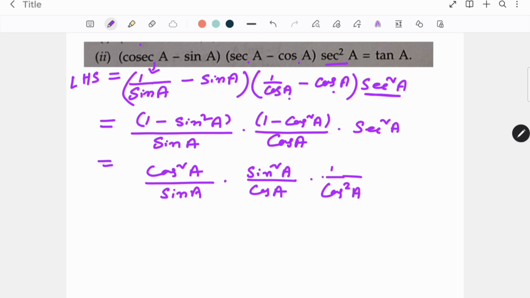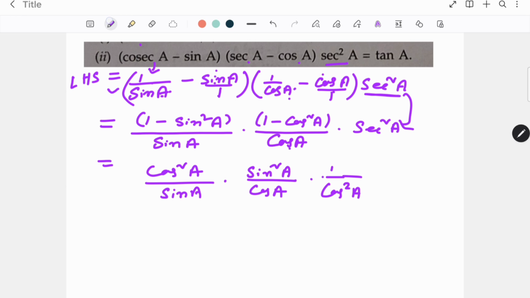Now what we have done? We have done the LCM of this bracket. So sin theta is the LCM because down nothing is 1 here. So 1 and then sine square because this sine and this sine is multiplied. Here also from this bracket cos theta is the LCM, 1 and cos square a. This sec square a we have kept as it is, no changes.